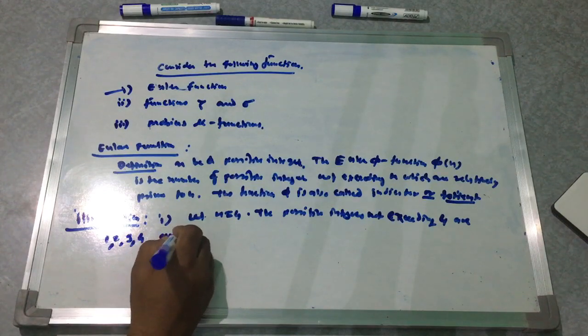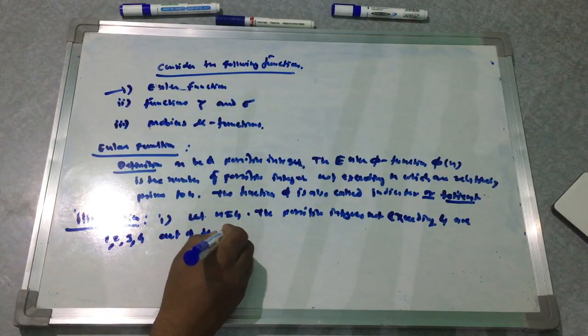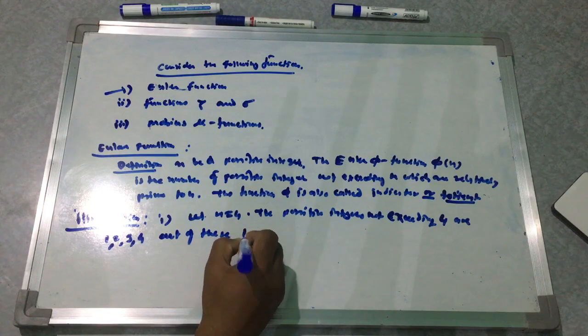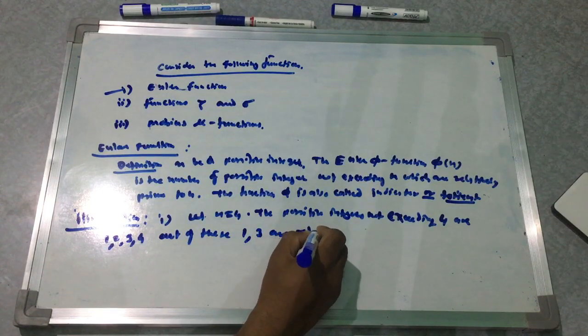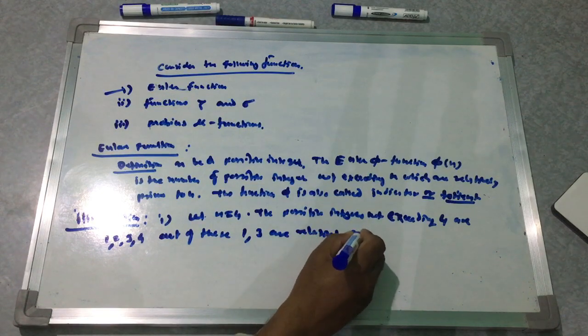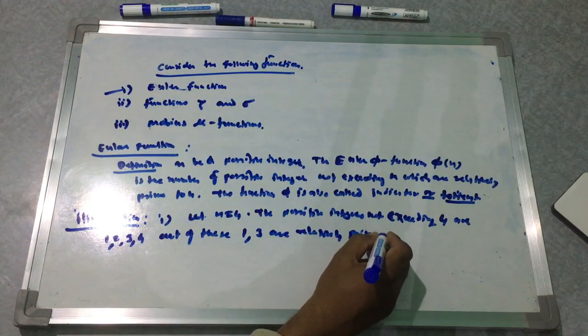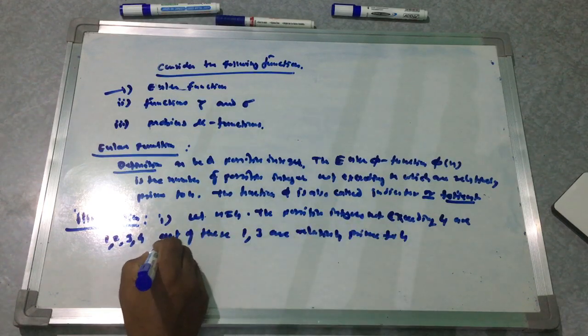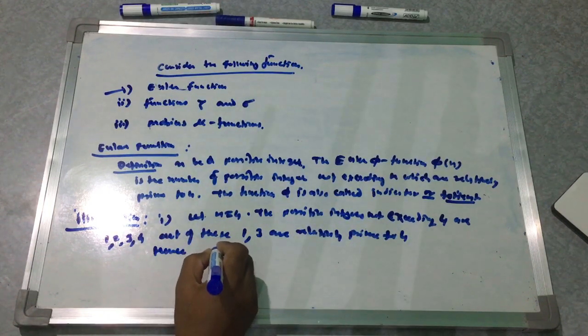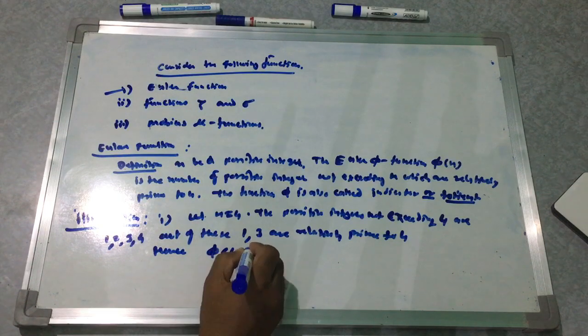Out of this, 1 and 3 are relatively prime to 4, and the others, 2 and 4, are not. Hence phi of 4 is equal to 2.